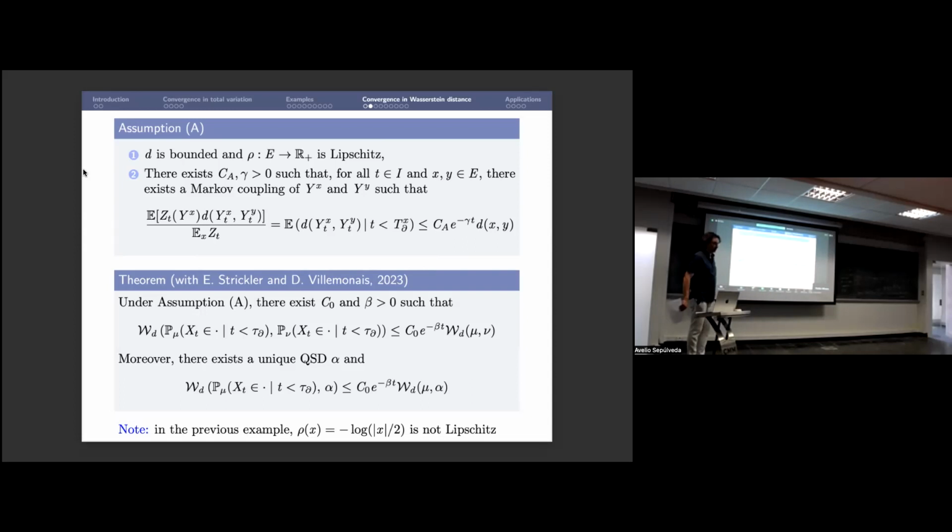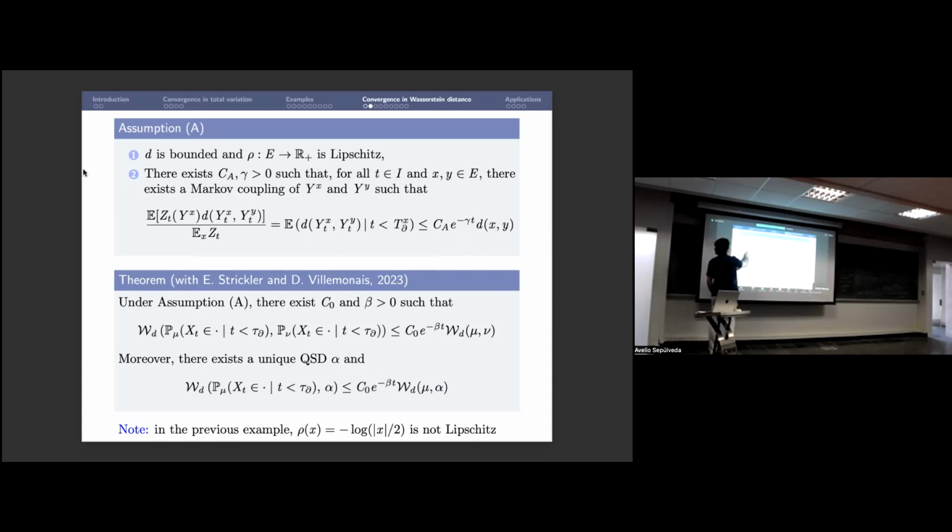Okay, and now the main part of the criterion is the following one. So I assume that there exists a coupling, a Markov coupling between two copies of the process that I denote Y^x and Y^y. x is the starting point of Y^x, and y is the starting point of this guy. Okay, and so it writes this way.